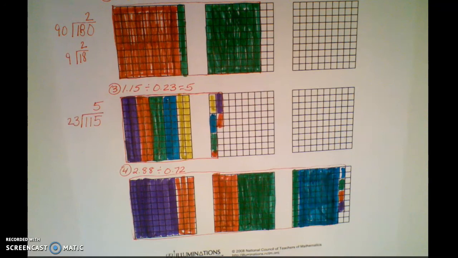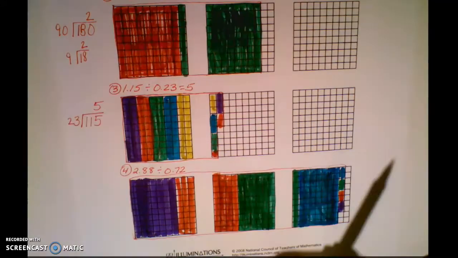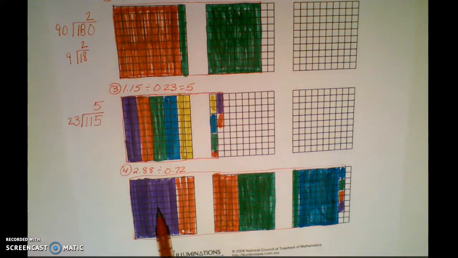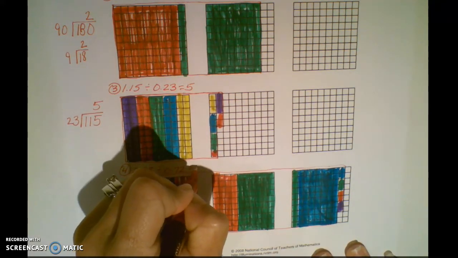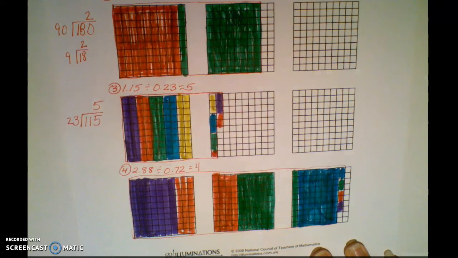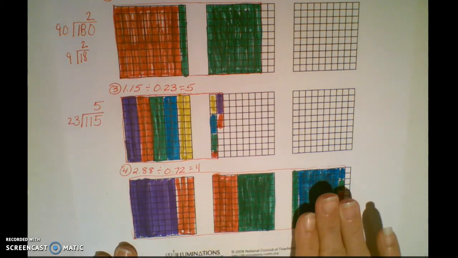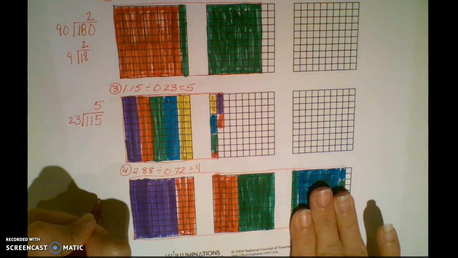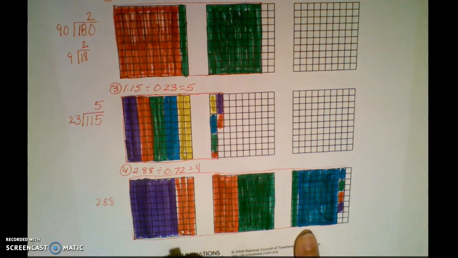We're done. All right, so let's look. To shade in my 72 hundredths, oops, I didn't do a very good job with these ones over here. I needed to use 1, 2, 3, 4 colors, so I knew 72 can go in 4 times. Let's look at what we really did. I took 200 and 88, so 288 little hundredth squares.